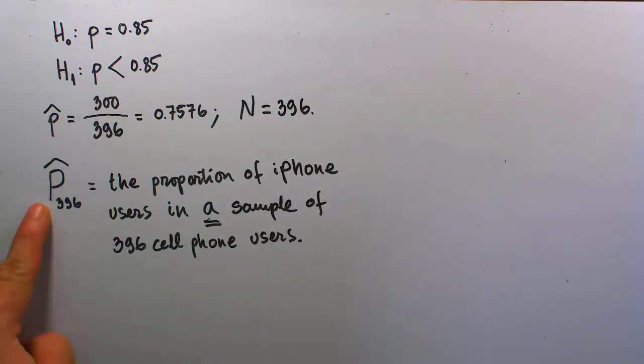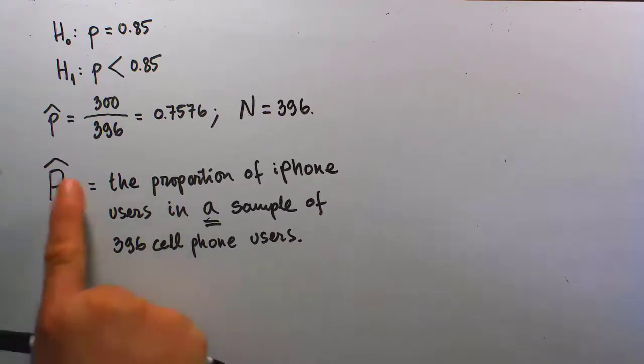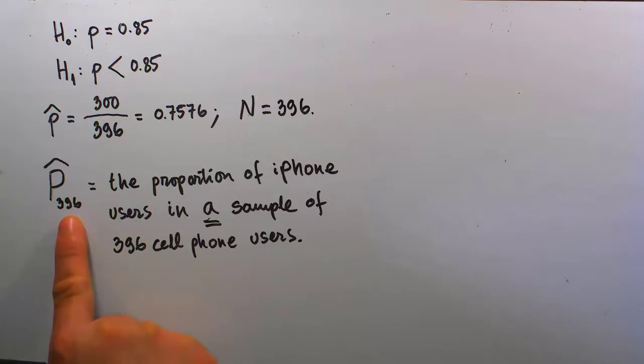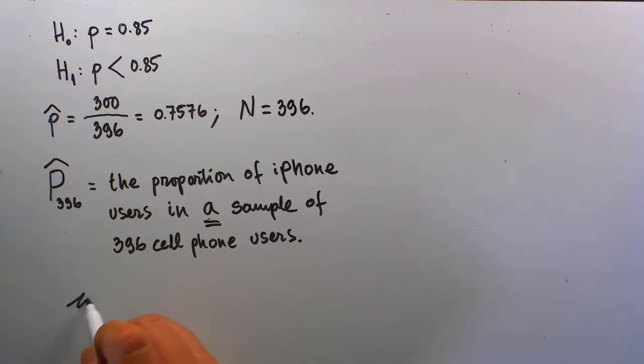Recall from the idea we learned back when we studied the sampling distribution of a proportion: since this random variable capital P hat 396 has infinitely many values, then according to the central limit theorem, there will certainly be a mean, because this is well known as a population of sample proportion values. So now we can have a population mean of all sample proportion values out there, and this is mu P hat.